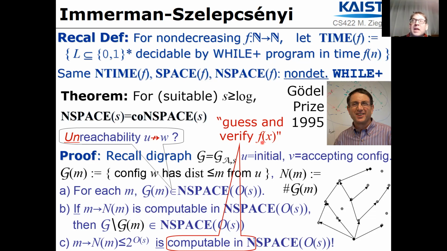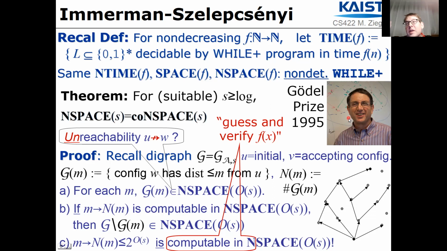That's the semantics of a non-deterministic while plus program computing an integer function. This is what we mean here. This integer function, a single valued function, must be computable in this sense. And together with item B, which uses the same statement here as hypothesis, it follows that the unreachability as a decision problem, as a yes-no problem, is solvable with positive guesses only.